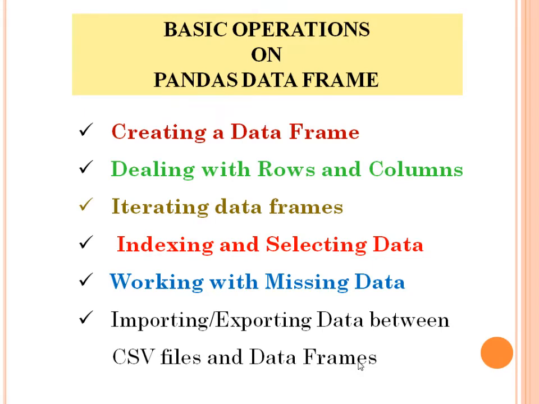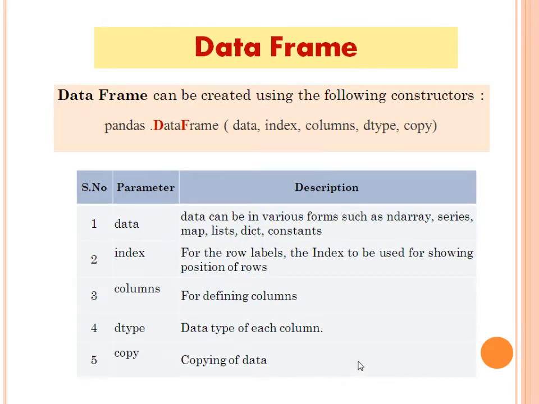Okay. So first of all, we'll move ahead and see creating a data frame with various formats. Data frames can be created using the following constructors. These are the parameters which you use while creating the data frame. Here, children, data is the necessary parameter.